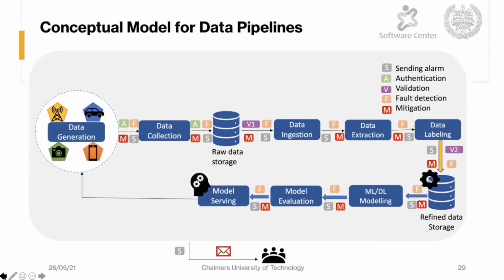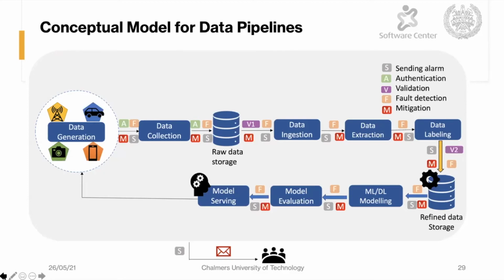And this data collection agent has to authenticate itself before collecting the data from the data sources. Then this raw data is stored in a raw data storage, from where it is ingested into the data pipeline, and then data extraction is done according to the use case. Most of the companies were using supervised machine learning models, so they need to label the data for that.